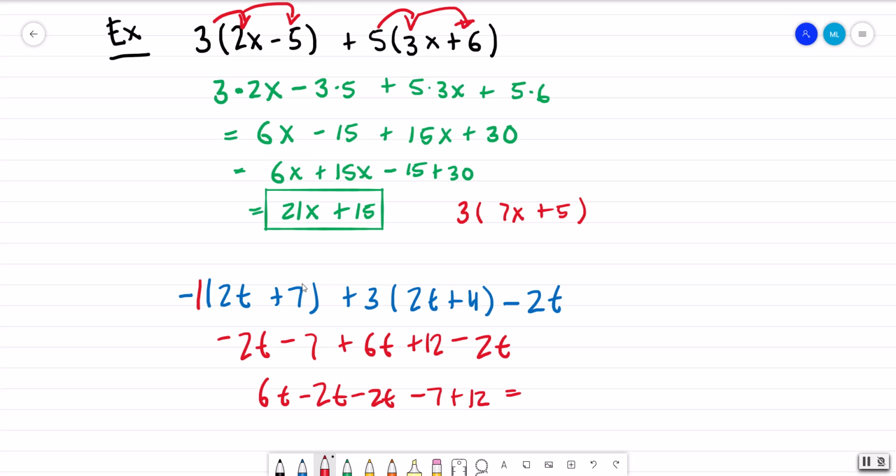Well, 6t minus 2t is 4t, and then 4t minus 2t is just 2t. Then you also have minus 7 plus 12, which is just positive 5. So we have that it simplifies to 2t plus 5.